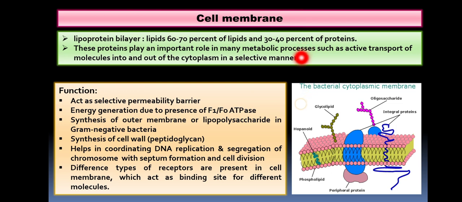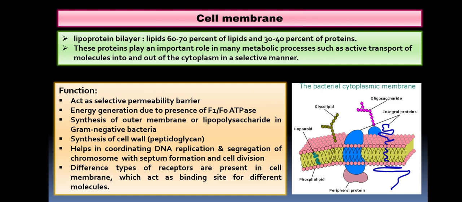Approximately 20% of the whole protein of the bacterial cell is present only in the cytoplasmic membrane, either as peripheral protein or integral protein. These proteins play a very important role in many metabolic processes, such as active transport of different molecules into and out of the bacterial cell, and it is in a selective manner.